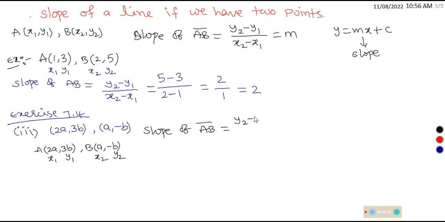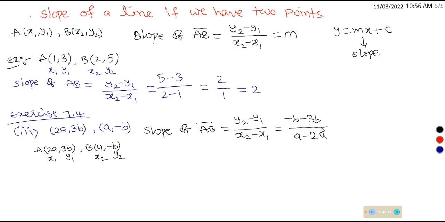y2 minus y1 by x2 minus x1. y2 is what? Minus b, minus y1, that is minus 3b, divided by x2 minus x1, that is a minus 2a.